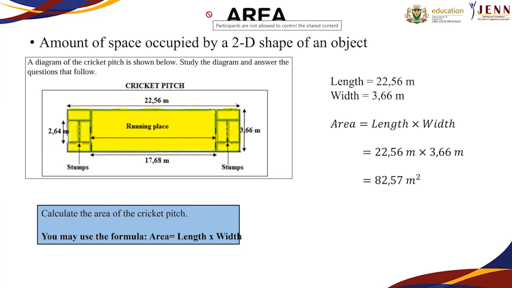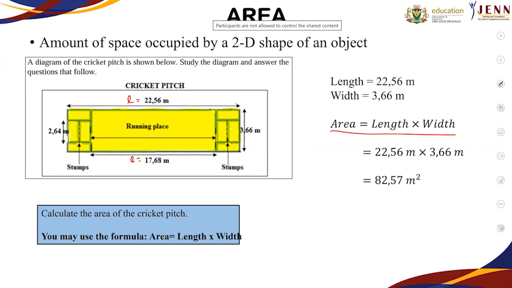So my first step, I put down the formula because I was instructed to use that formula. Area equals length multiplied by width. So now in my diagram, I need to find where my length is. And I want the length of the cricket pitch. So here you need to be careful because if you can see here, I have the length of the running place from there to there, and then I've got the length of the cricket pitch.